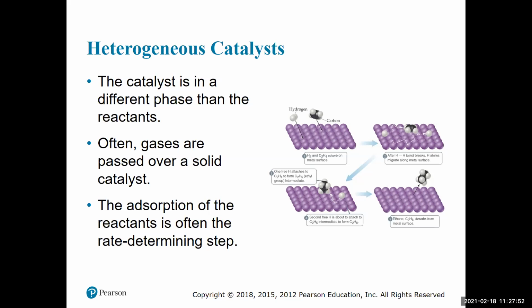Any idea of an example of this type of catalytic process? So in your car, you have a catalytic converter, okay? And that's what cuts down on the pollution and things like that. That's what a catalytic converter is. It's a metal catalyst bed, and the exhaust flows over it, and that's how the reaction occurs.